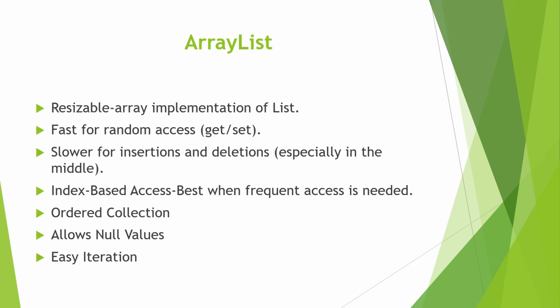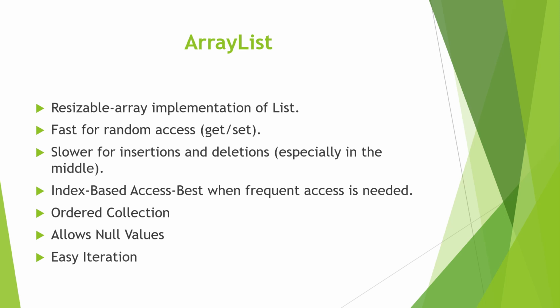So let's see what is array list. Basically, array list is a dynamic array implementation. That means, during execution, if I want to grow the storage, it will grow, and if I don't want that much storage, it will shrink automatically.